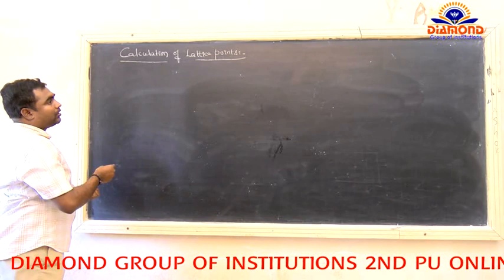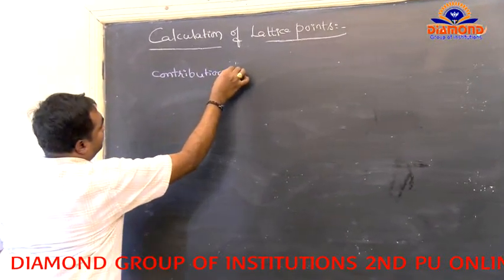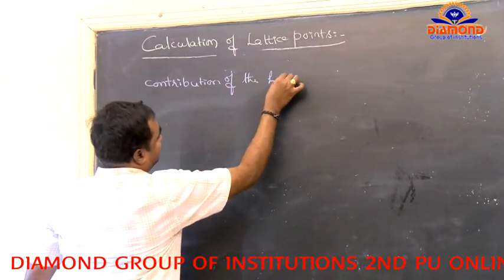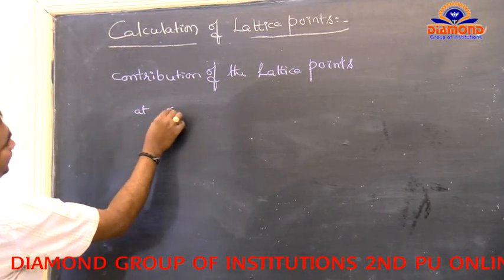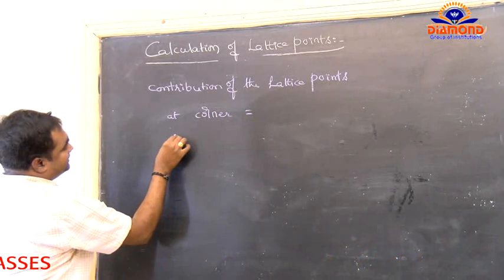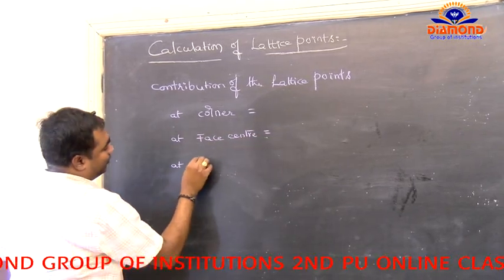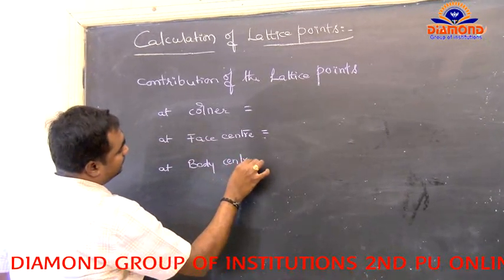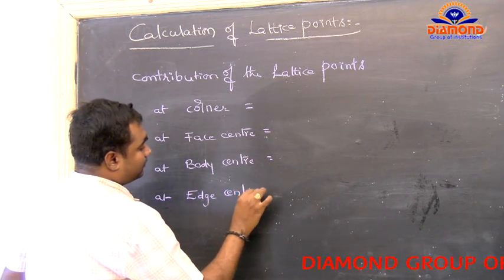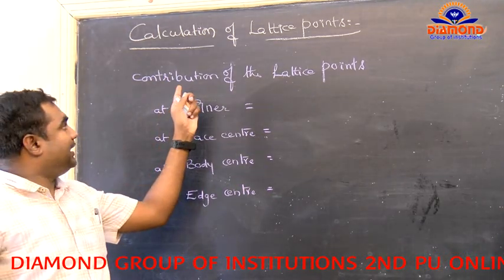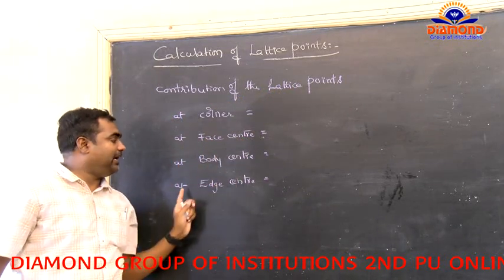The contribution of the lattice points at the corner, next at a face center, next at a body center, next at an edge center.